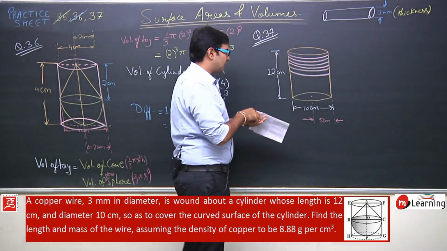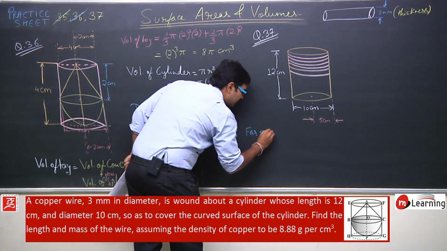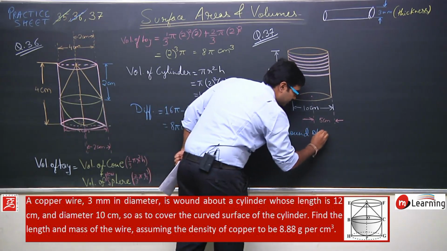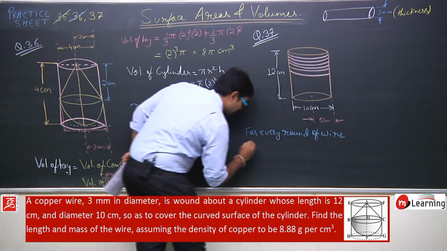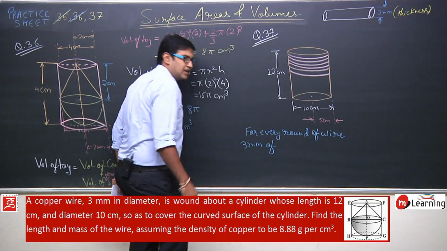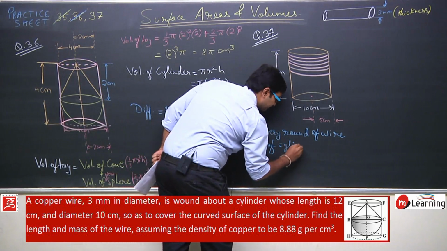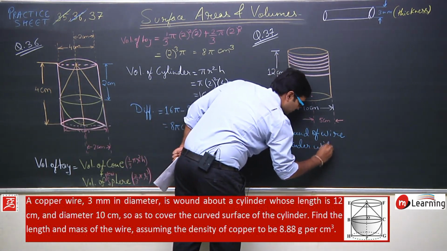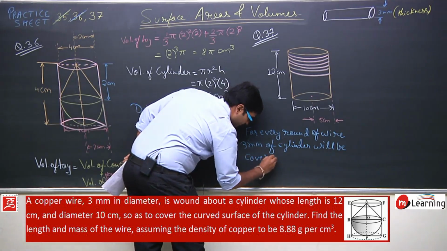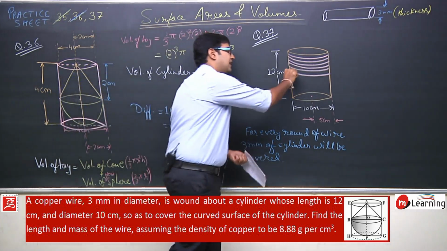So for every round of wire, 3 mm of cylinder will be covered. For every one round of this wire, 3 mm of this cylinder will be covered.